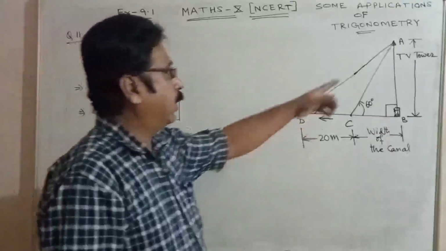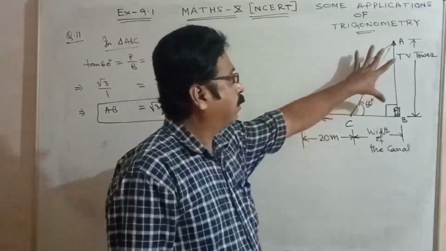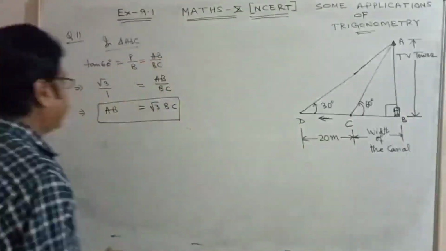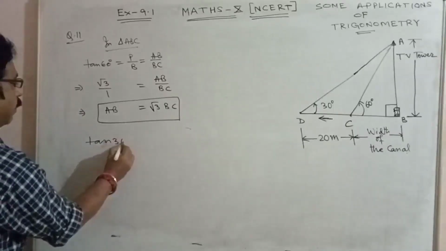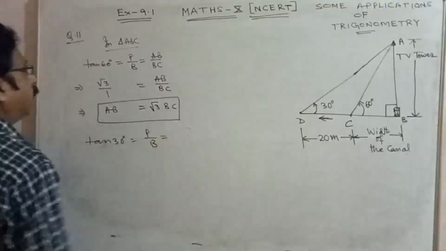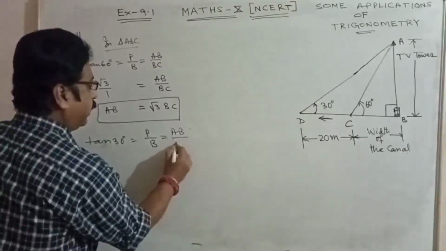Triangle ABD. Perpendicular is AB, base is BC. Tan 30 degree is AB upon BC.